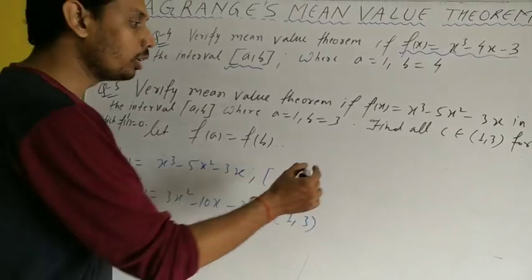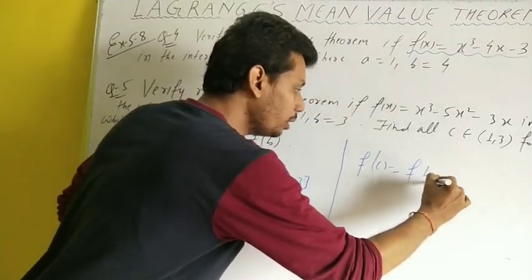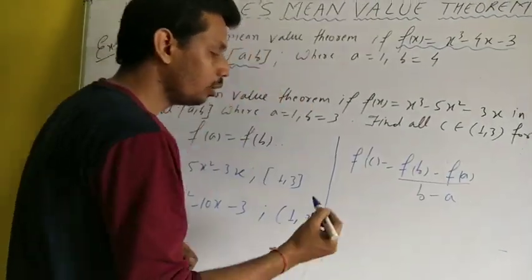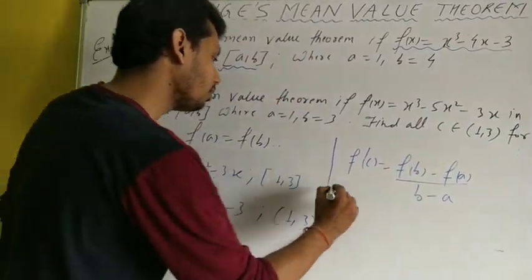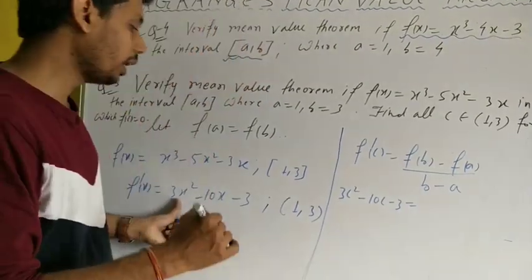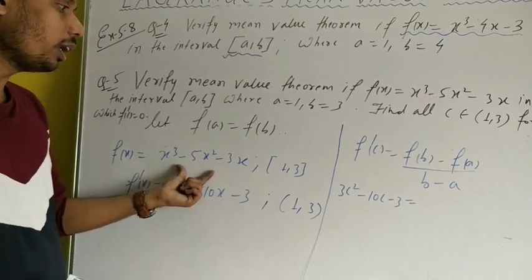Now next, we determine the value of c such that f dash c is equals to f of b minus f of a upon b minus a. So f dash c, that is 3c square minus 10c minus 3, is equals to f of b. Now wherever x is there, you replace x by 3.